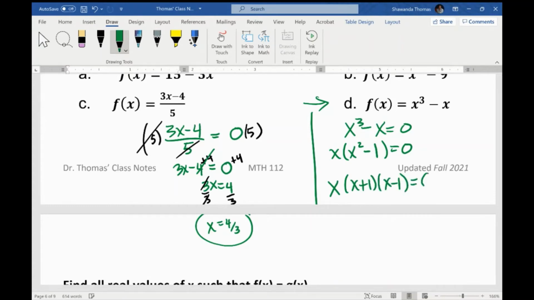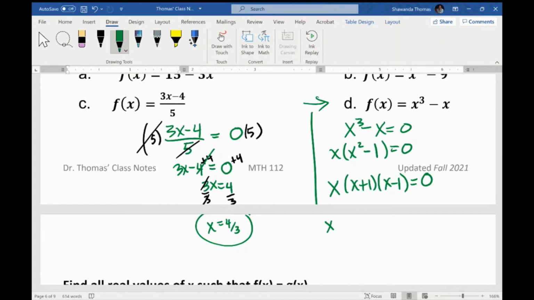Someone tell me, what would you do next? You set everything to 0. So tell me what to write when you say that. You can just do x minus 1 and x plus 1.